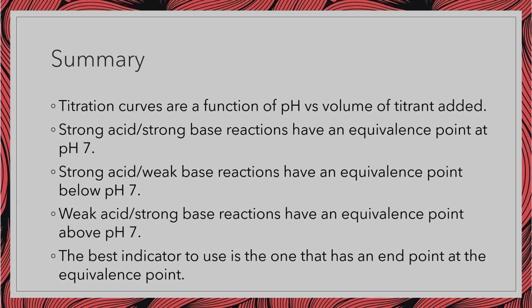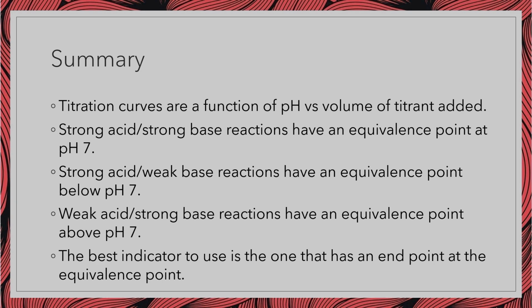Strong acid, strong base have an equivalence point at 7. Strong acid, weak base have an equivalence point below pH 7, and that's because of that equilibrium thing with the weak bases. So we get some of the weak base donating protons to water to give us H3O+, makes it slightly acidic. Weak acid, strong base, same deal.